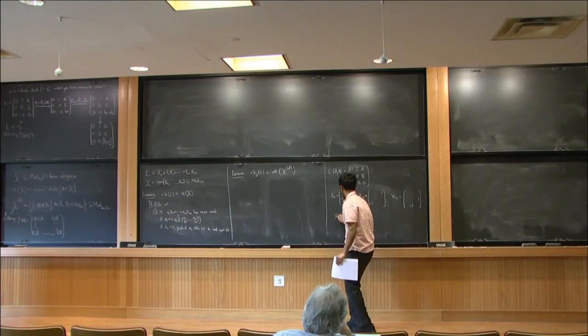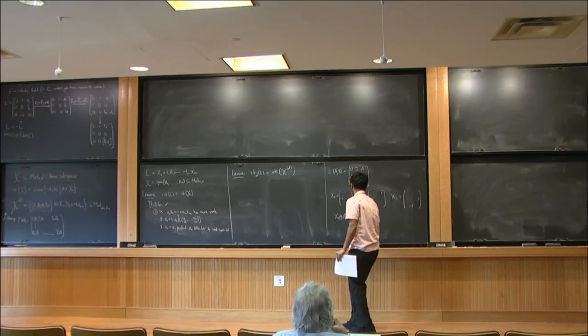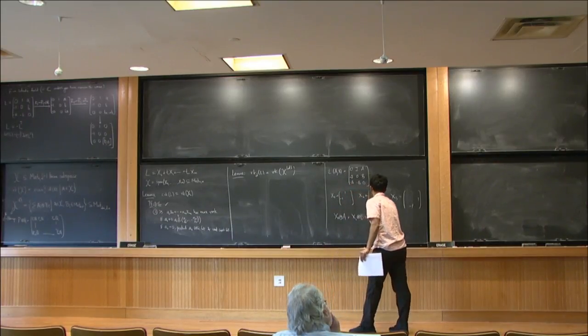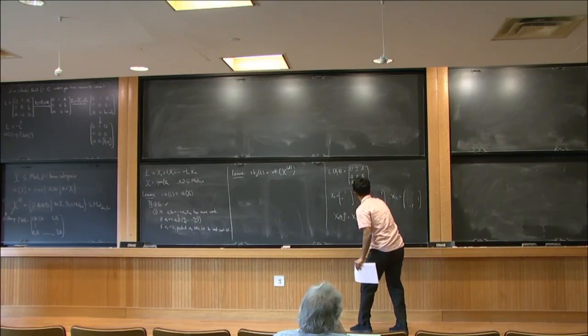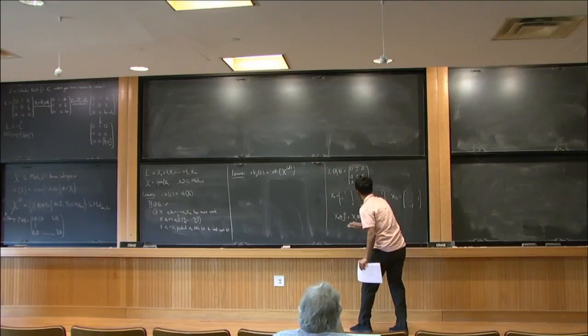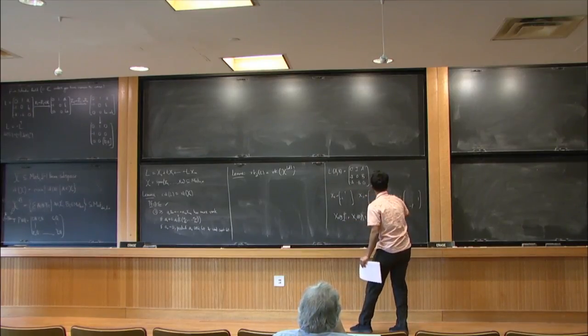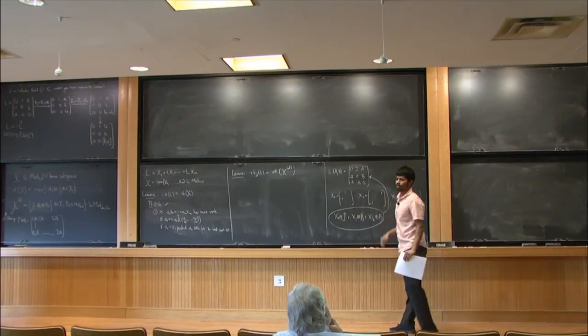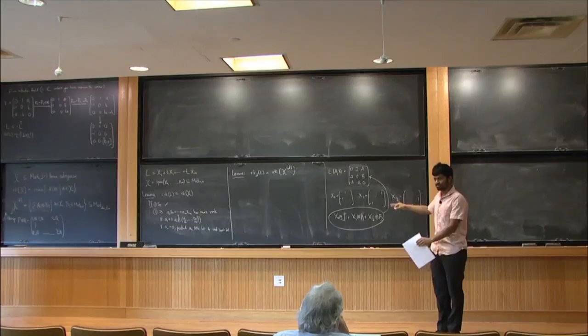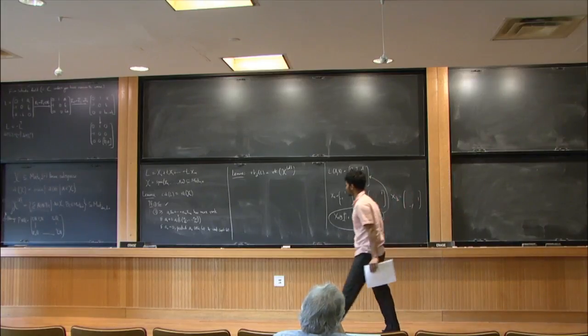And X naught tensor A plus X1 tensor B plus X3 tensor, X1 tensor identity plus X1 tensor A plus X2 tensor B. This expression, if you plug it in, you get that. It's just another way of writing it.